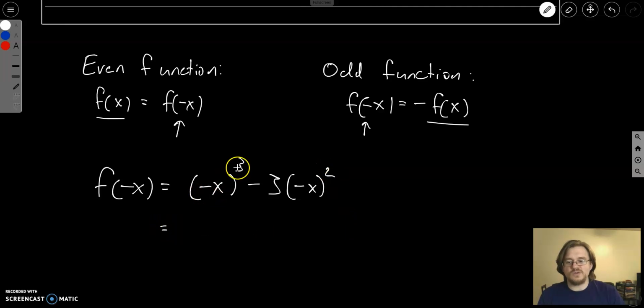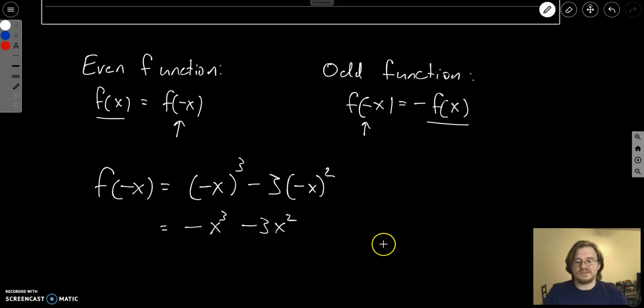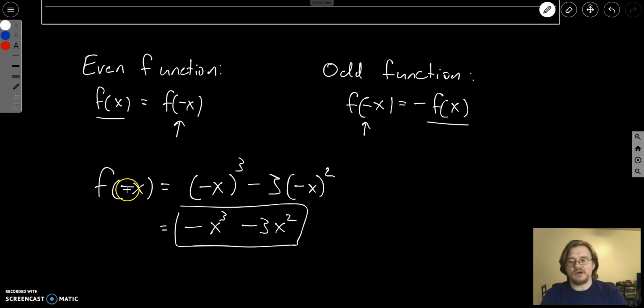So when we cube negative x, we're going to get negative x times negative x times negative x, which is going to be negative x cubed. If we square negative x, the negatives cancel out, and we're going to get positive x squared, and positive x squared times negative 3 will be negative 3x squared. So this is our function f of negative x.